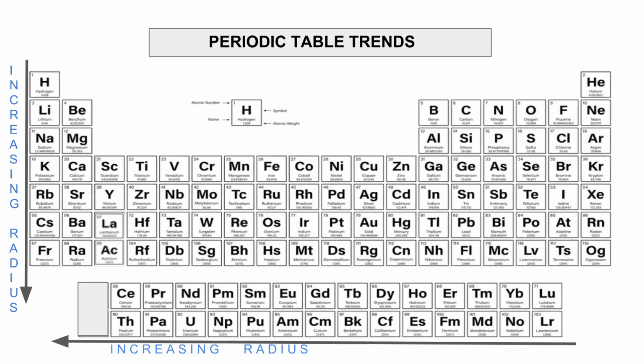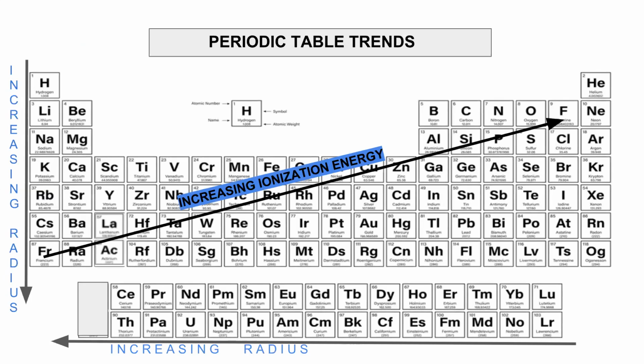Yep. All right. So I believe on Monday you'll be learning these next periodic trends, but we're just going to drop it in right here, right now. So the first one is increasing ionization energy. What ionization energy means is the energy it takes for an element to become an ion.